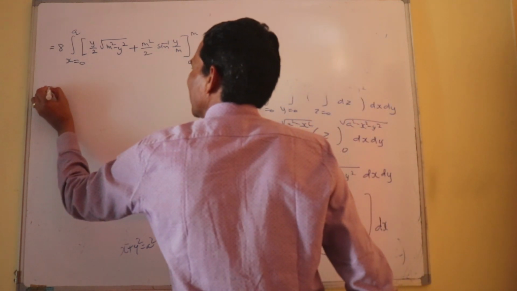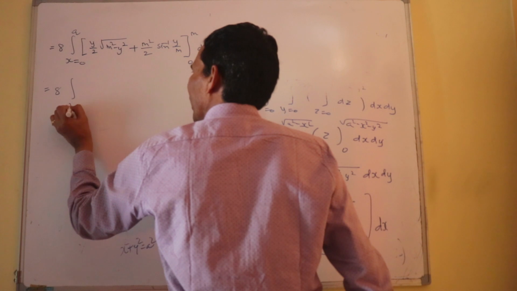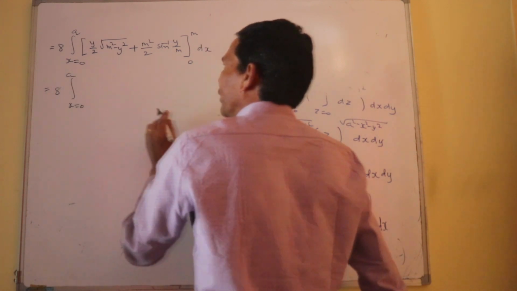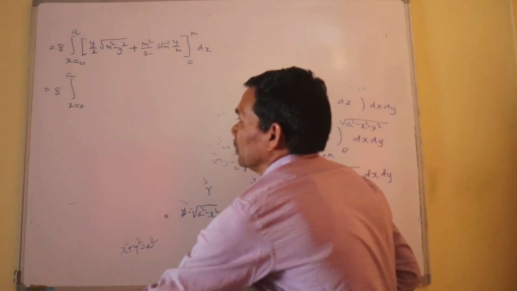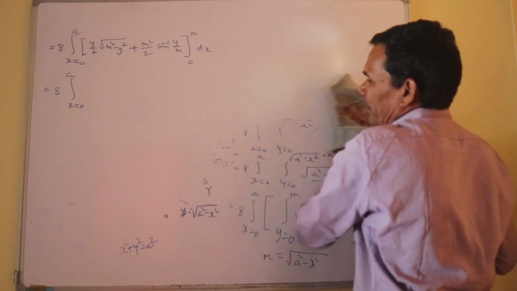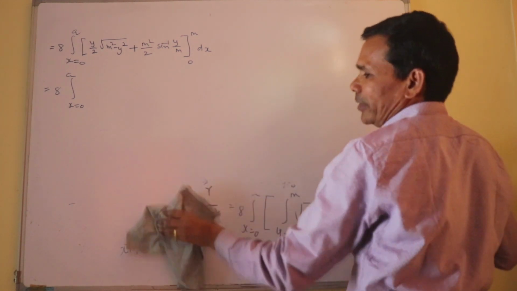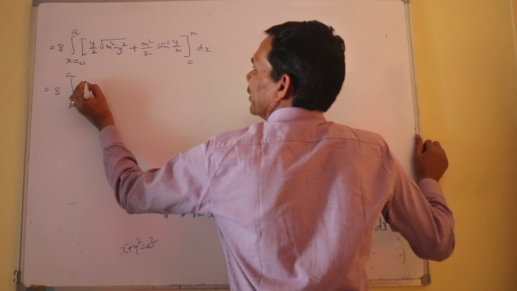So I apply the limits here, x is equal to 0 to a. Upper limit is m, lower limit is 0.